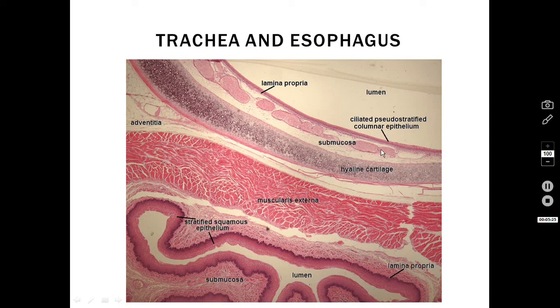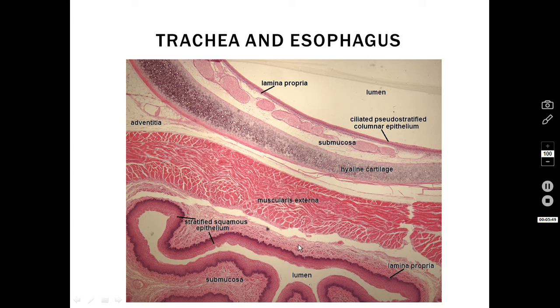Here we get our ciliated pseudostratified columnar epithelium with lamina propria and basement membrane of the trachea. Here we have the stratified squamous epithelium with a little bit of lamina propria underneath of the esophagus. Here's our connective tissue in the submucosa of the trachea.